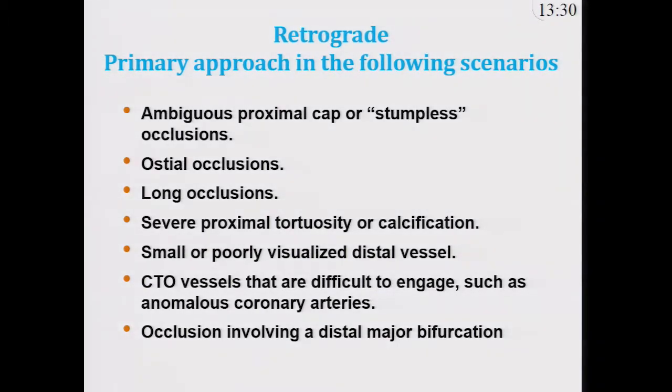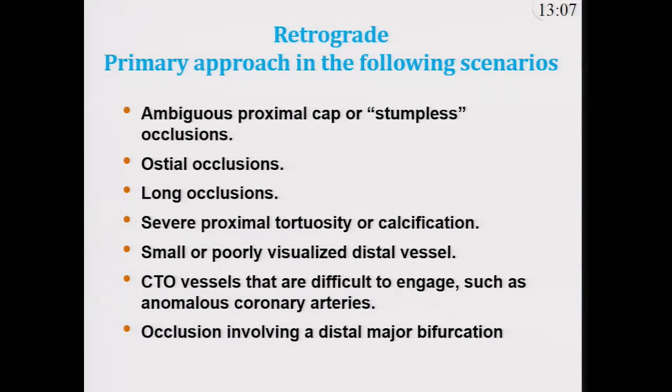I think when you have a very ambiguous cap or a stump-less occlusion, maybe retrograde is a preferred approach rather than antegrade. Ostial occlusions are also very challenging to treat antegrade. When the occlusions are very long, you might also consider retrograde.